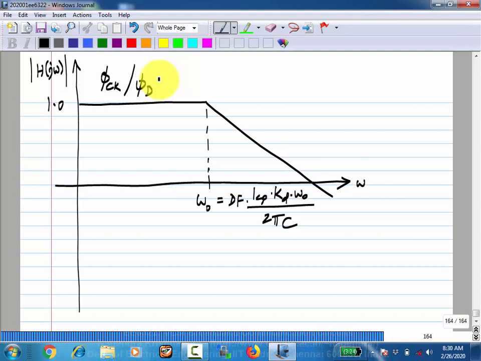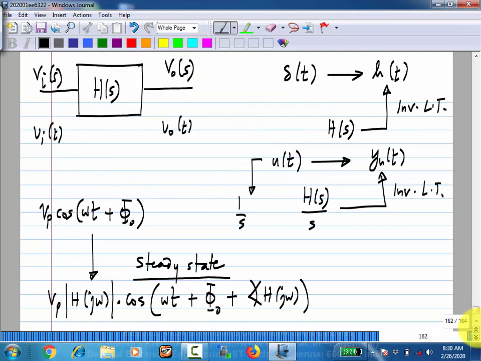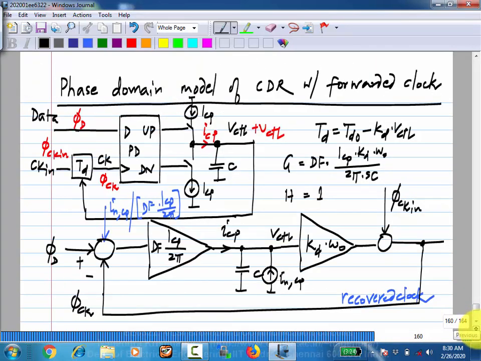Yeah. So what happens is that, let's say the edges of phi d start drifting slowly to the left and right. Okay, if it is sinusoidal, it will move slowly, right? They'll all move to the right and then reach some peak value and then move slowly back to the left.